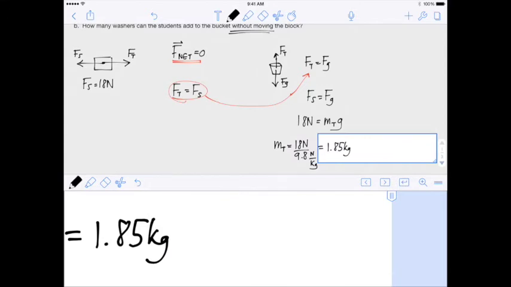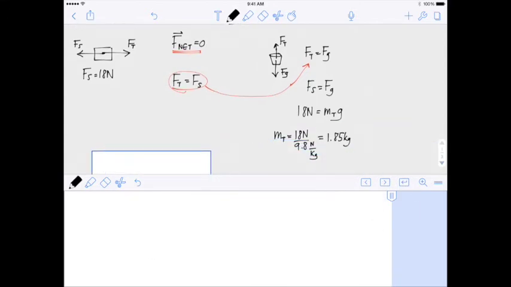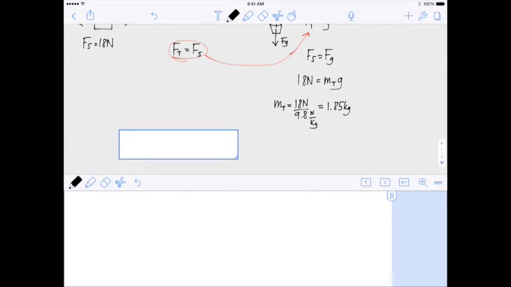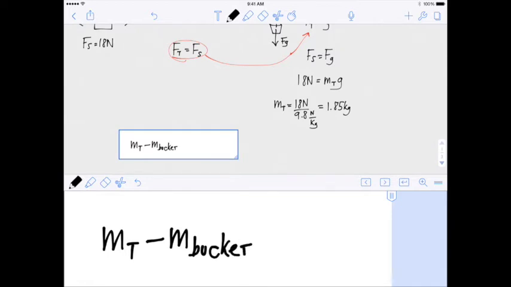In order to determine the number of washers, you need to subtract the mass of the bucket from the total mass in order to determine the mass of the washers.